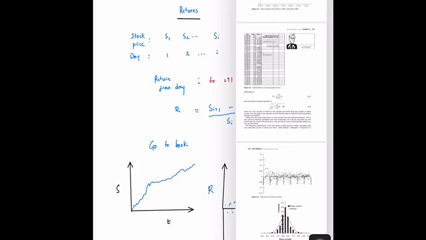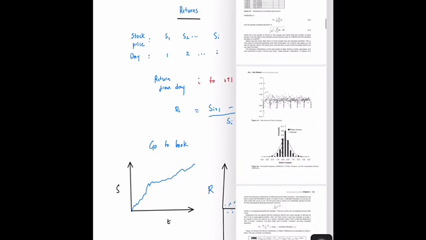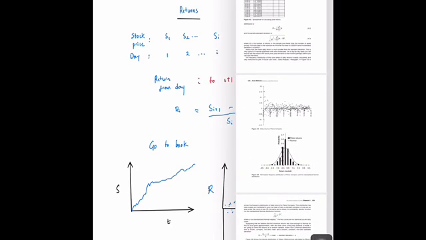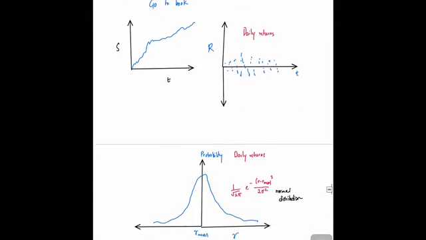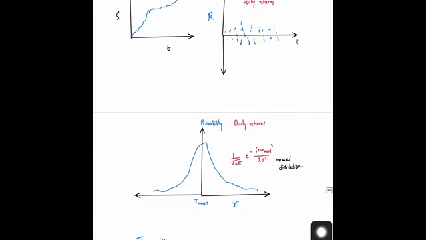This is called a Gaussian curve, or the normal distribution. And you can just see over here the mean value of the return, and returns at the same difference from the mean.